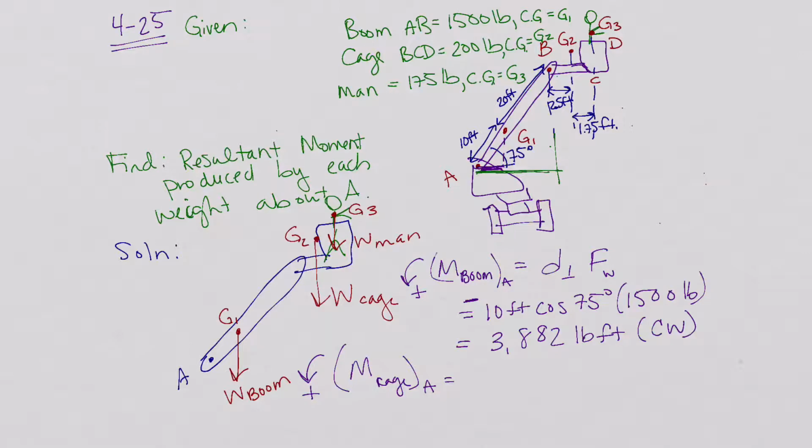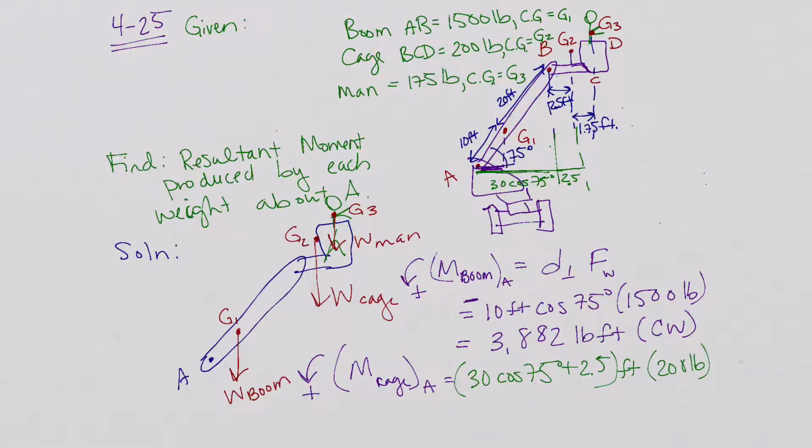So that would just be 10 plus 20, so that'd be 30 cosine of 75 degrees, and then add it to this 2.5 feet that was in the problem, and that'll give us that perpendicular distance to G2. So that's 30 cosine 75 degrees plus 2.5, that's feet, and then times that force, which is 200 pounds.